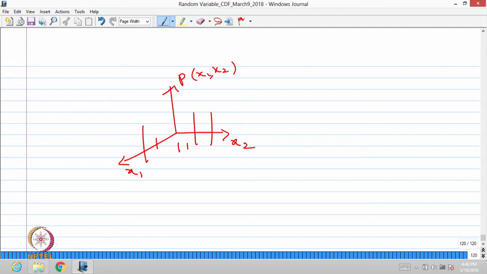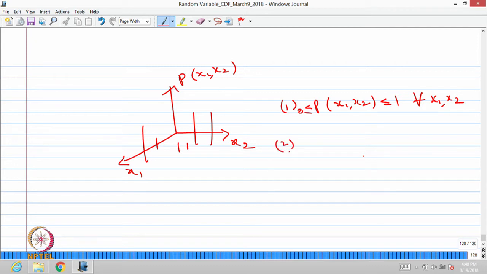The joint probability mass function satisfies two properties. This is always going to lie between 0 to 1 for every x1 comma x2.